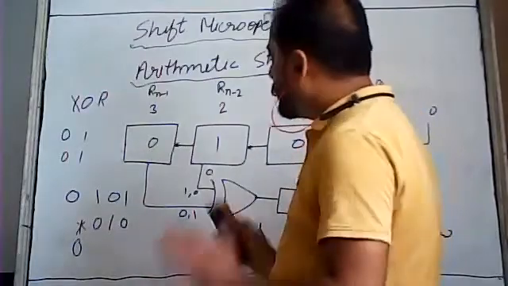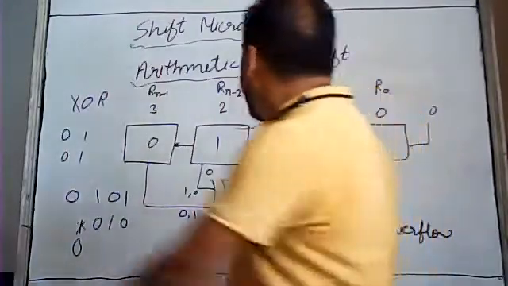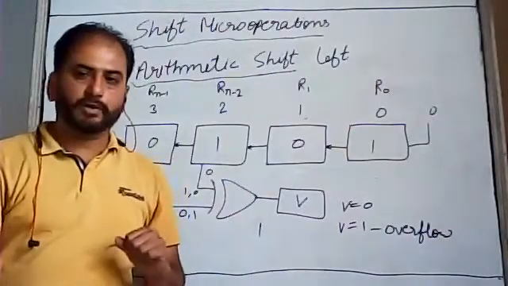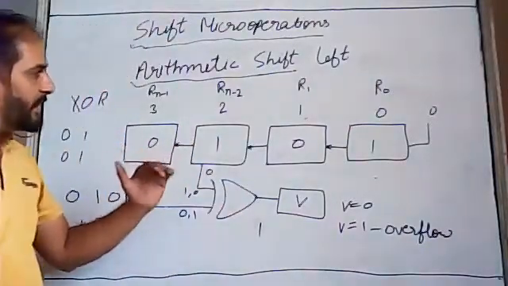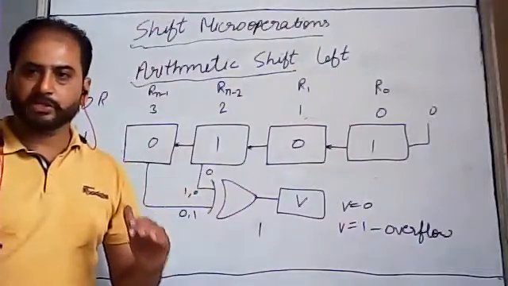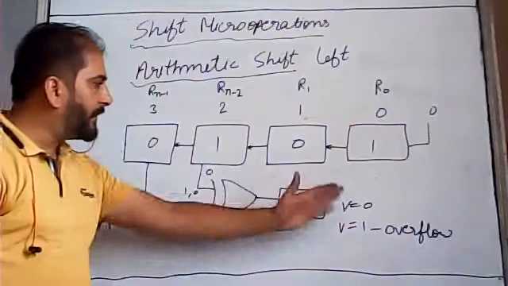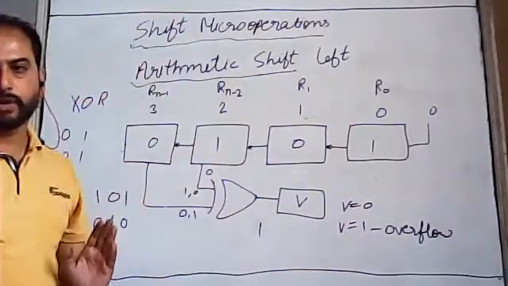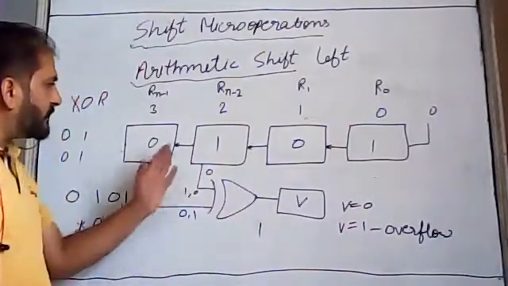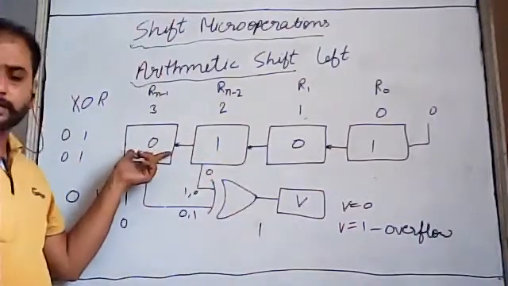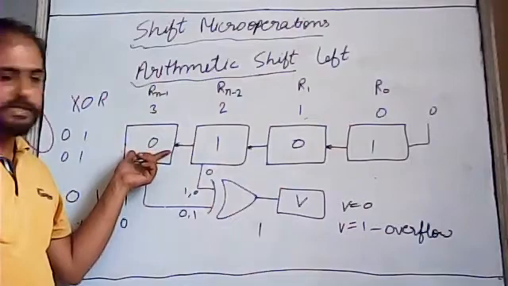So this is all about arithmetic shift left, and it is very important from the exam point of view. Again I am repeating what arithmetic shift left is. Arithmetic shift left means shifting the bits to the left by 1 bit. In arithmetic shift, the leftmost bit is the sign bit.